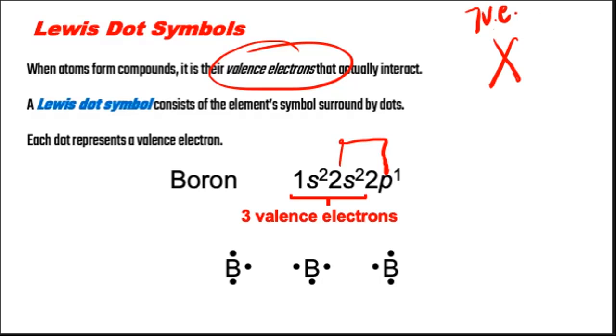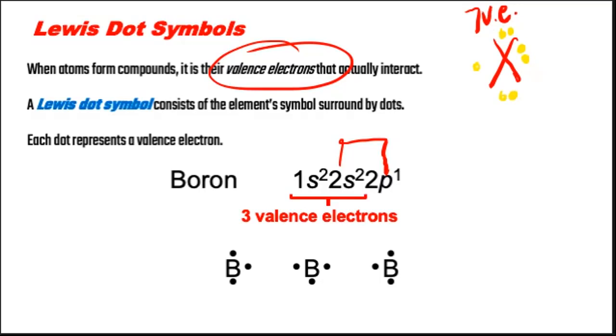Use the clock system: 12 o'clock, 3 o'clock, 6 o'clock, 9 o'clock. Then pair them. It means it's a paired electron. Next, this one, and then this one. And then there are 7 electrons.